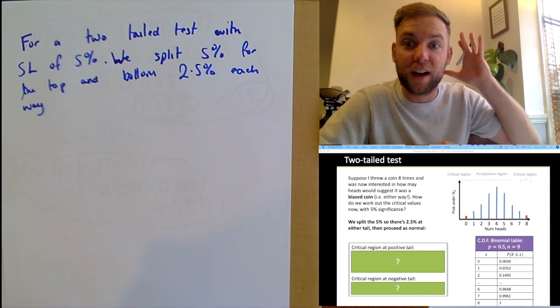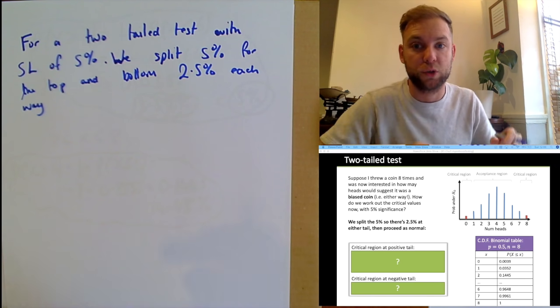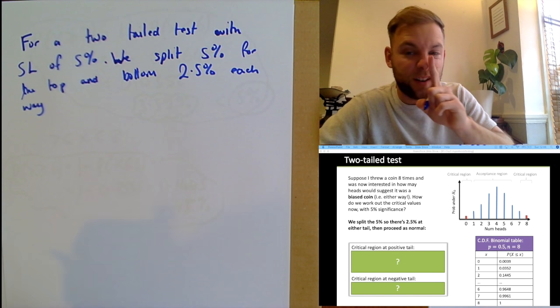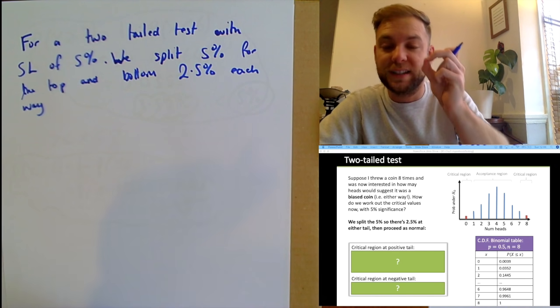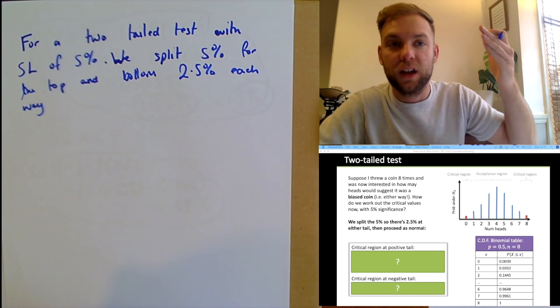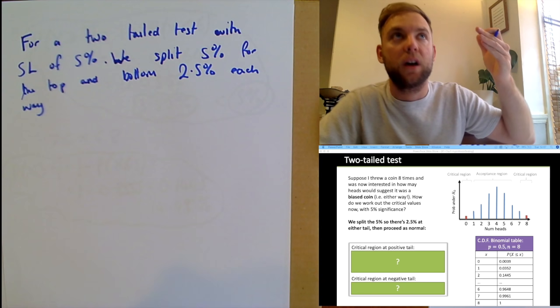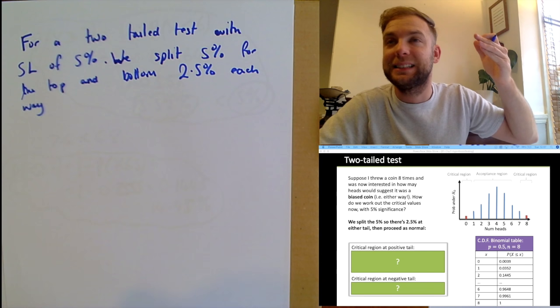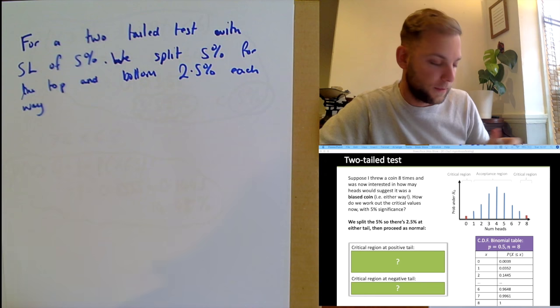So instead of looking for 5% at the top or 5% at the bottom, which is what we did before, we're looking at 2.5. The critical region is going to be the first time it goes below 2.5 at the bottom end, or one after the one where it goes over 97.5, okay?